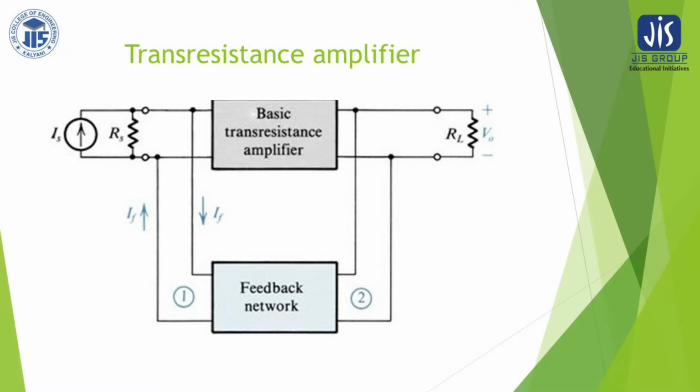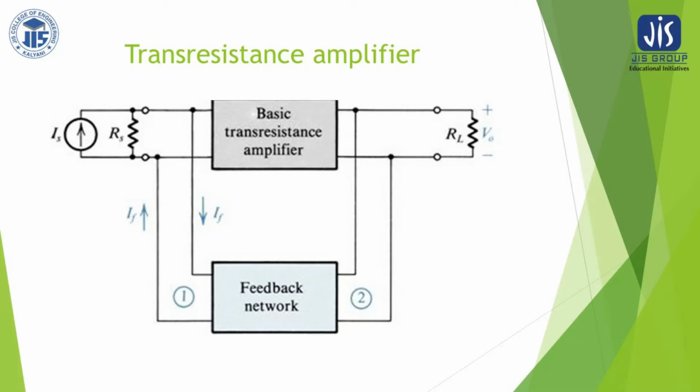So what should be the criteria for the input impedance and source impedance? Here again, most of the current should not flow through this, but it should be input to the basic amplifier. So therefore, here also our RS should be as large as possible with respect to RI, the input impedance of the basic amplifier. And here, most of the voltage should be fed to the load resistance.